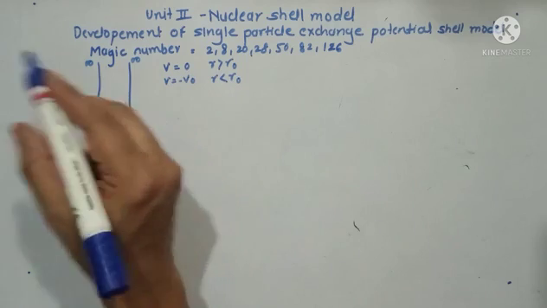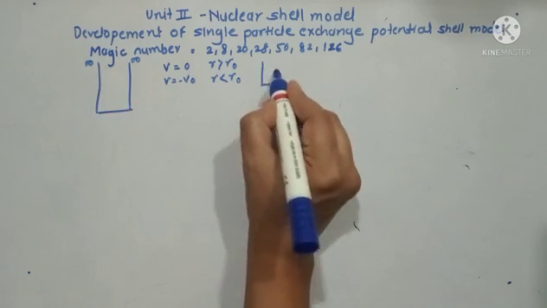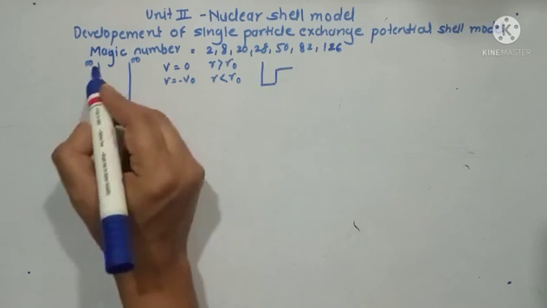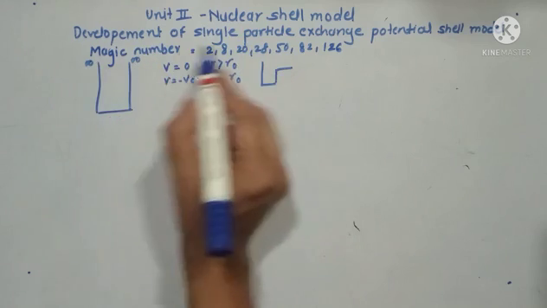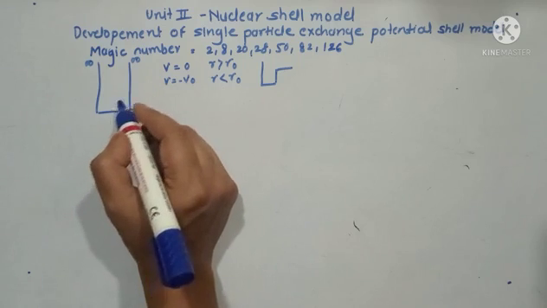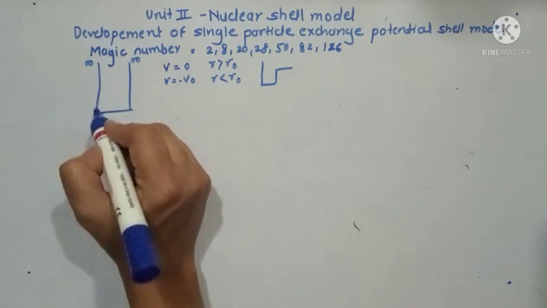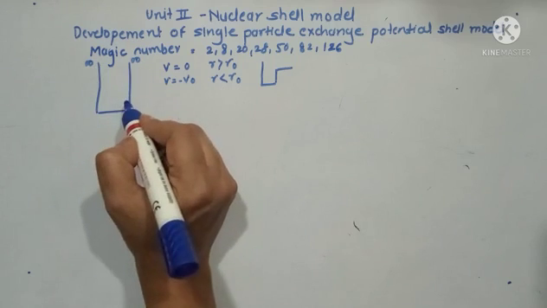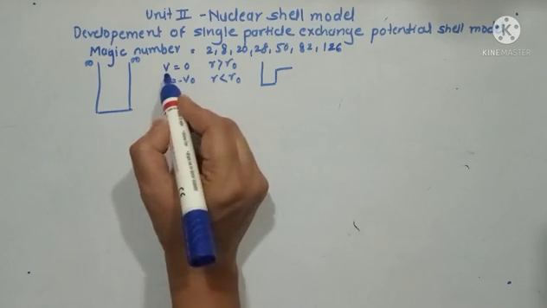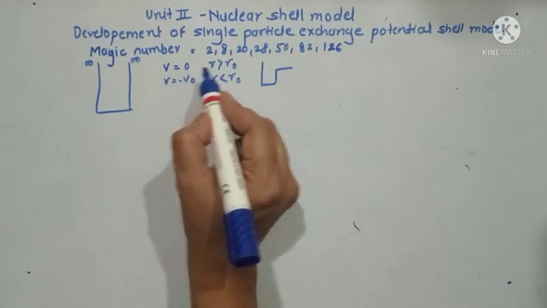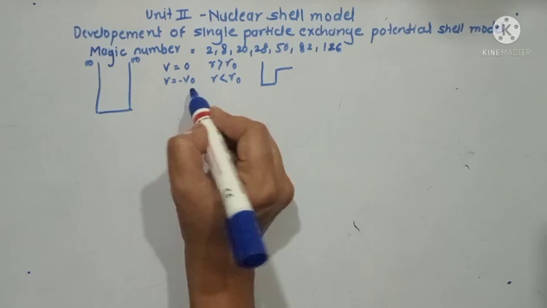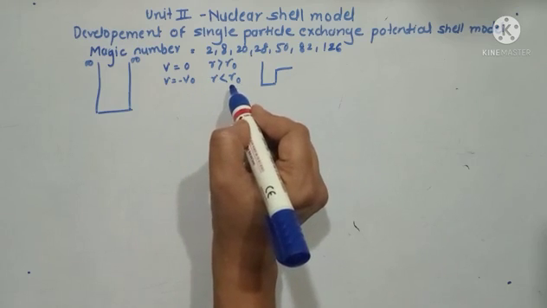In the deuteron it was a square well potential, but it was a finite square well potential. Scientists tried many potentials, but they started with the infinite square well potential, mathematically represented by V equal to 0 for r greater than R naught, and V equal to minus V naught for r less than R naught.